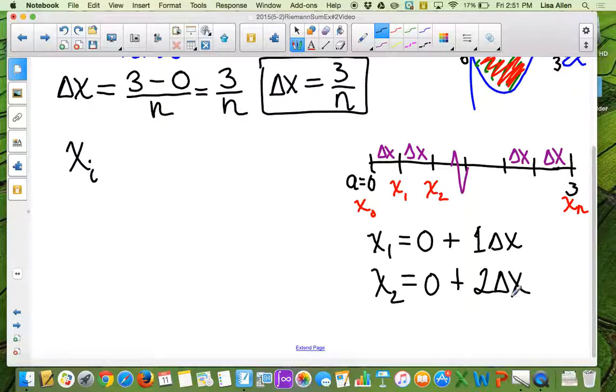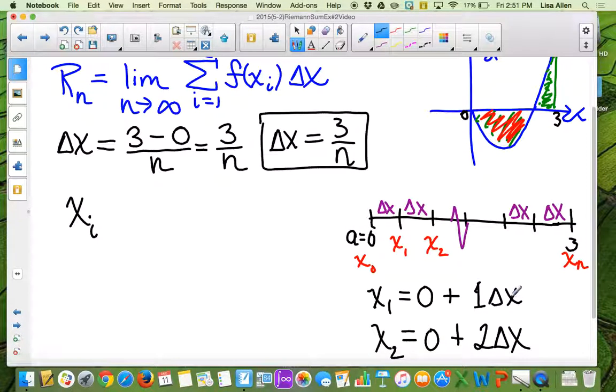And so on. We could say x sub 3 and x sub 4, x sub 5. So when we look at our x values, they're going to be governed by how many times we add delta x. So x sub i will always be where you start on the interval, so that's always going to be a, and then you're going to add delta x i times. So you're going to multiply delta x times i.